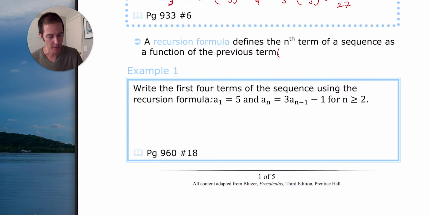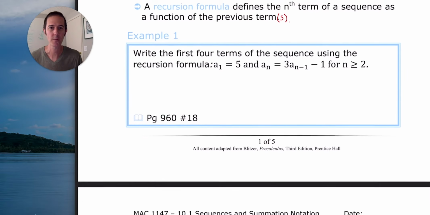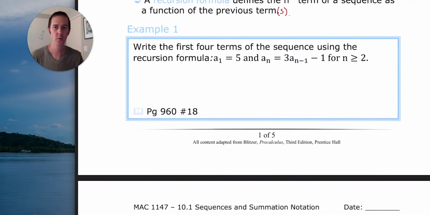This should really have an s with parentheses around it. I'll take just a minute and a half and show you a very famous sequence where each term is defined by the previous two terms. But in example number 1, we're being asked to write out the first 4 terms of this sequence using this recursion formula.